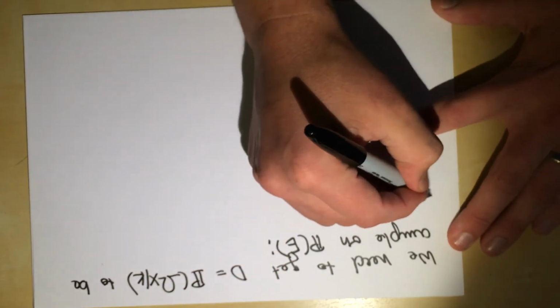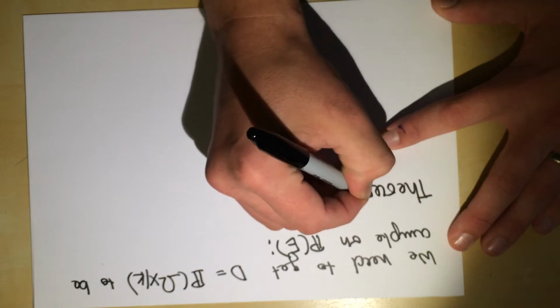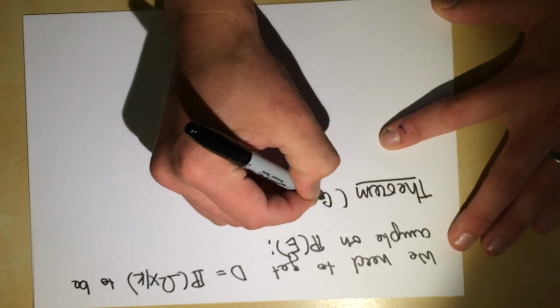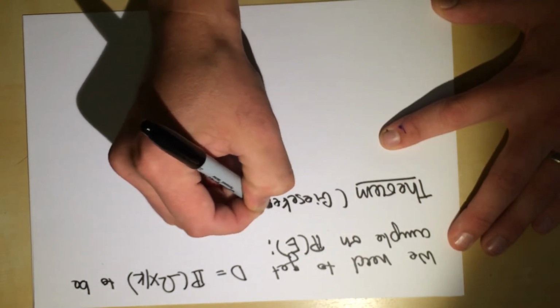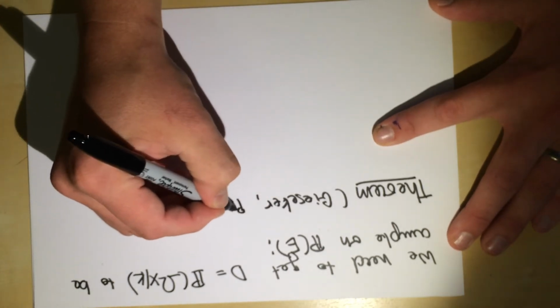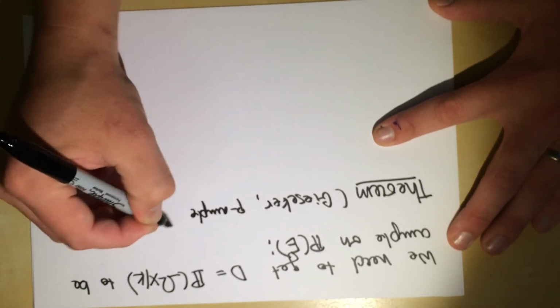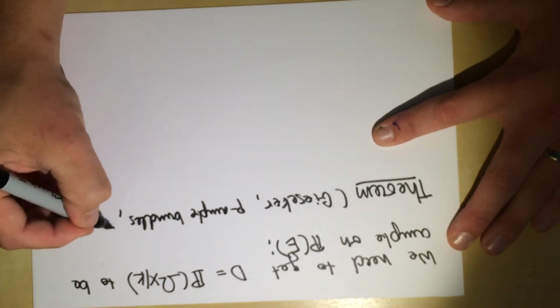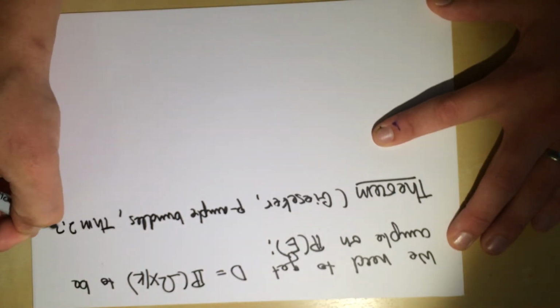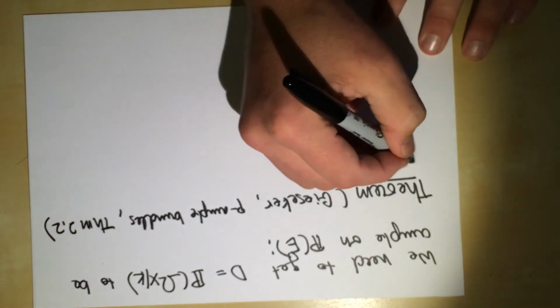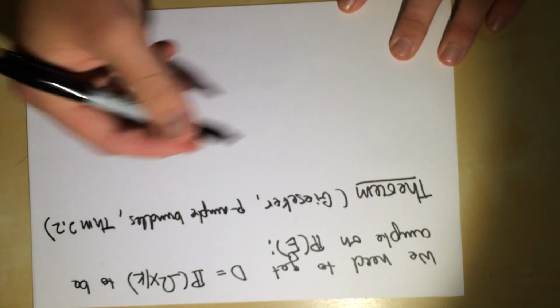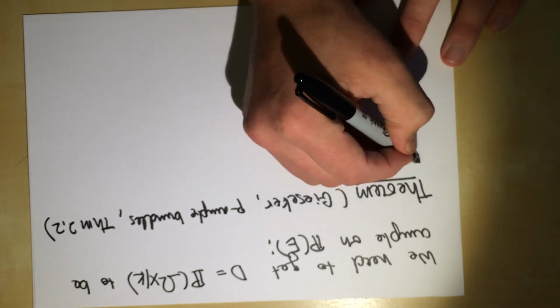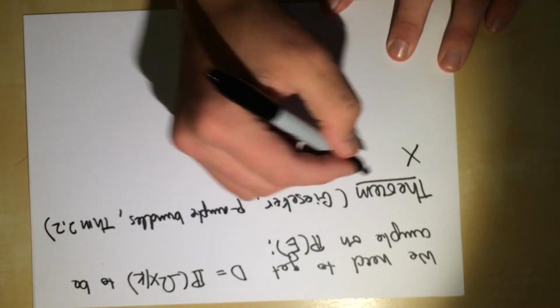And so to do this, we're going to use a theorem of Gieseker. This is in his paper on P-ample bundles, maybe theorem 2.2 of this paper, and it says the following. This theorem is strictly about curves, and this is the point where the proof breaks when trying to do it in higher dimensions.